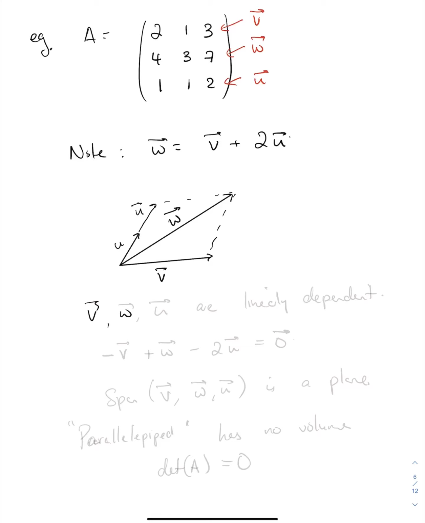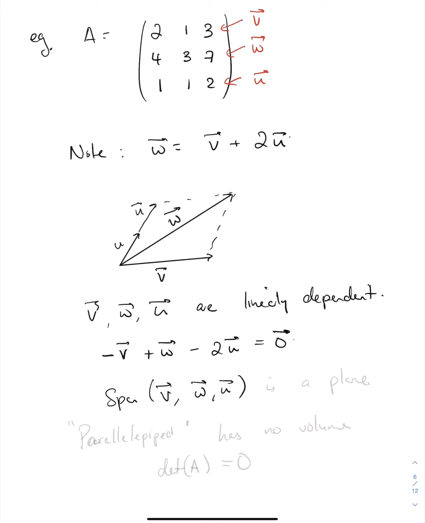V, W, and U are not linearly independent. They are linearly dependent. Negative V plus W minus 2U is equal to the 0 vector. The span of V, W, and U, even though it's 3 vectors, is not 3-dimensional space.